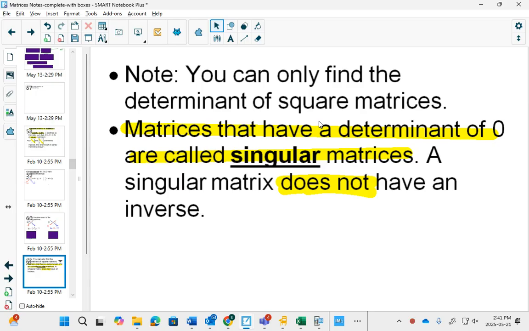Because that diagonal doesn't quite work with other ones. We're mainly going to be asked to do 2 by 2s by hand, and sometimes 3 by 3s. We're going to do 3 by 3s by hand as well. And these matrices that have a determinant of 0 are called singular matrices because an inverse does not work.